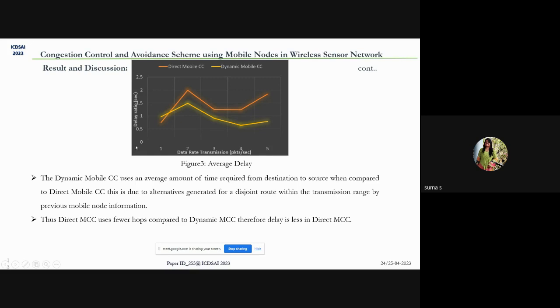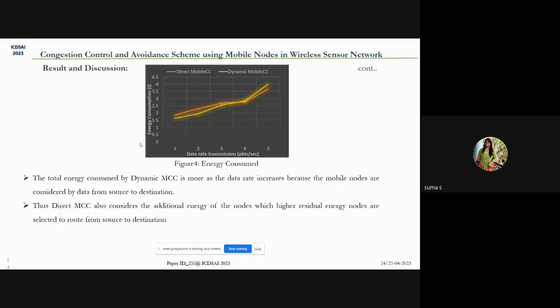This is due to the alternative disjoint route generated within the transmission range, based on the previous mobile node information. Thus, direct mobile congestion has fewer hops compared with the dynamic mobile congestion control. Therefore, it has less delay compared to the dynamic mobile congestion control.